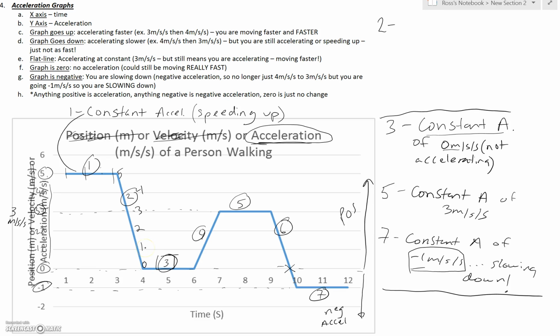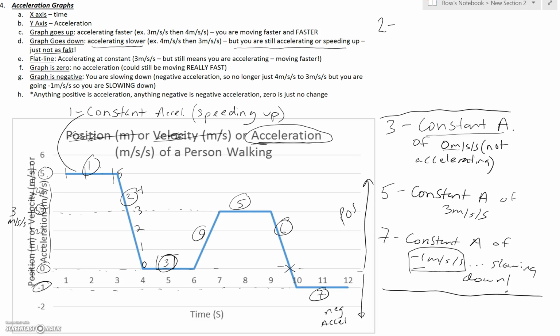We're going up here by jumps of 1. Here we're going up by jumps of 5. So whether we're going up by a jump of 5 meters per second or a jump of 1 meter per second, we are still getting faster that entire time. So if the graph goes down right here, you're accelerating slower, but you are still accelerating or speeding up, just not as fast.